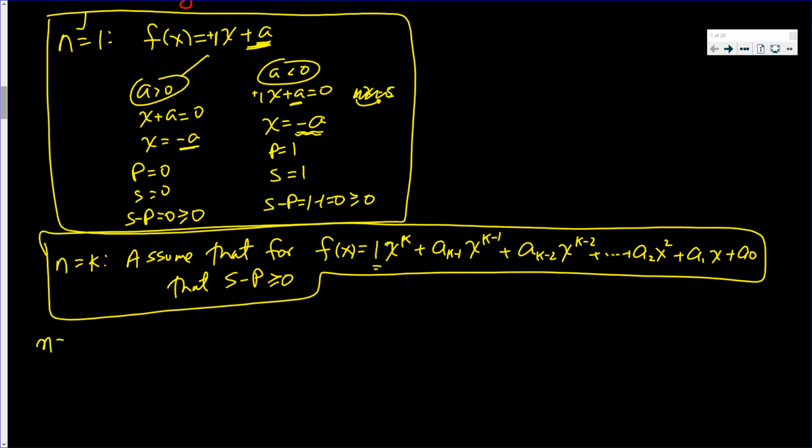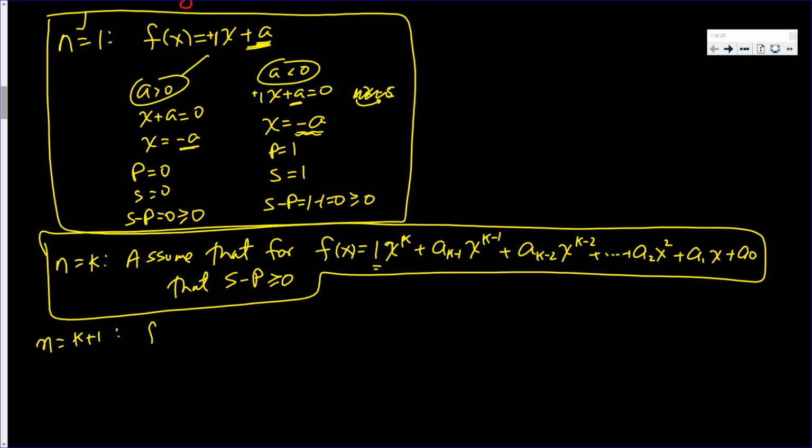But when it comes to n equals k plus 1, I want to show that S minus P is at least 0. Okay.